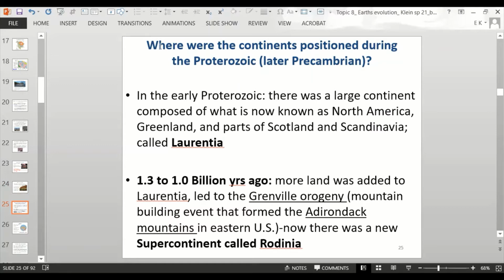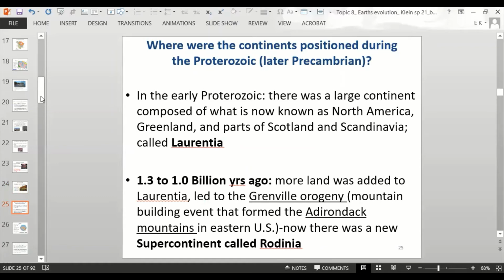Okay, so then we talked about life, we talked about the continents forming. Now, what about where the continents were positioned? So later in the Precambrian, after the proto-continents were formed, where were the continents? So the late Precambrian is called the Proterozoic.